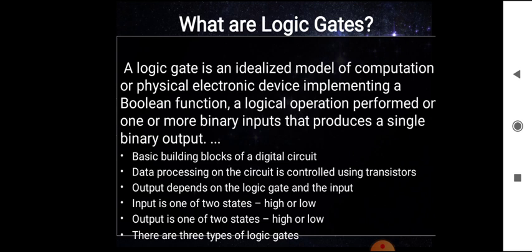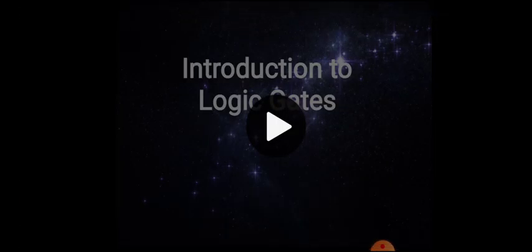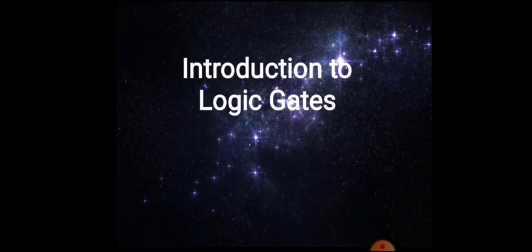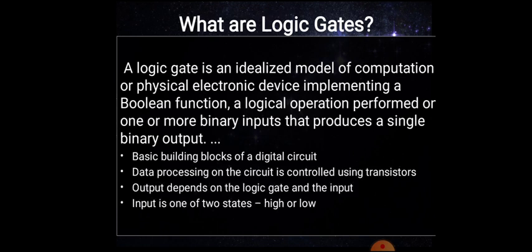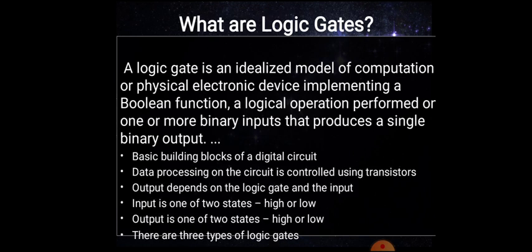Here, as we already learned, we have a total of 6 logic gates in our syllabus. Three are primary logic gates: AND gate, OR gate, NOT gate. Two are universal logic gates: NAND gate and NOR gate.